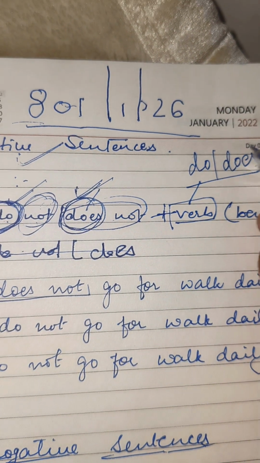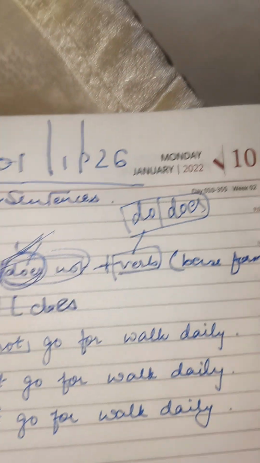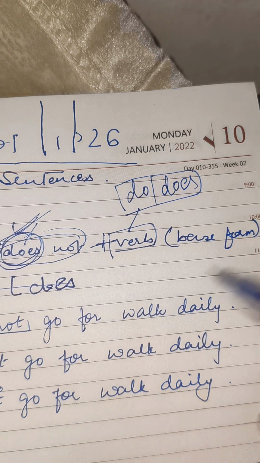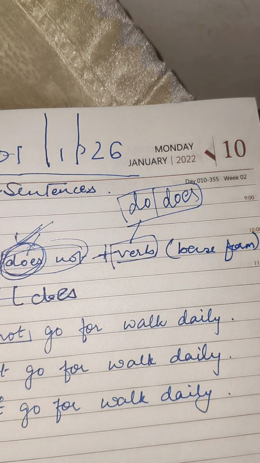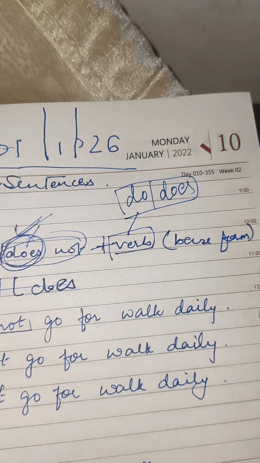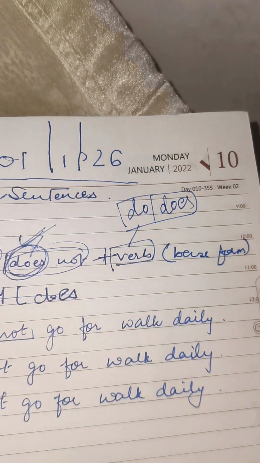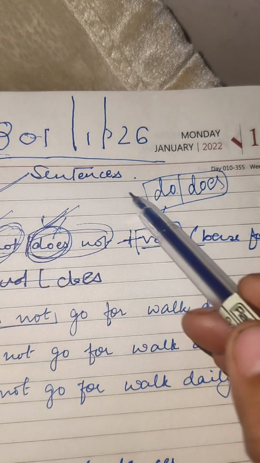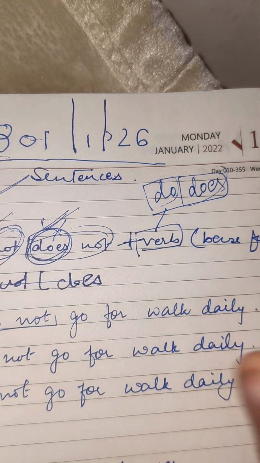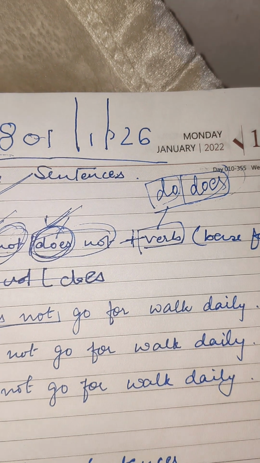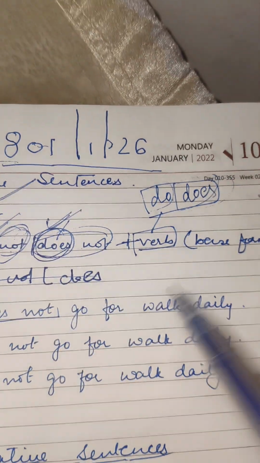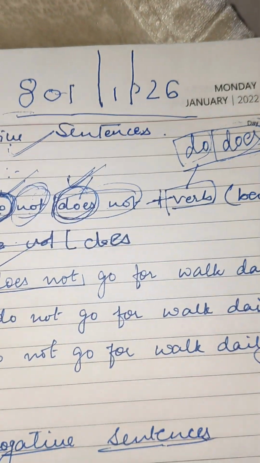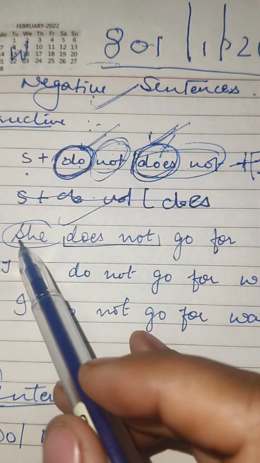So we are not supposed to get confused whether to use s or es with a singular or plural subject. No confusion here. Only the base form of the verb will be used, nothing else, because we have already used do and does. Everything will be there in that only. So let us discuss certain sentences.